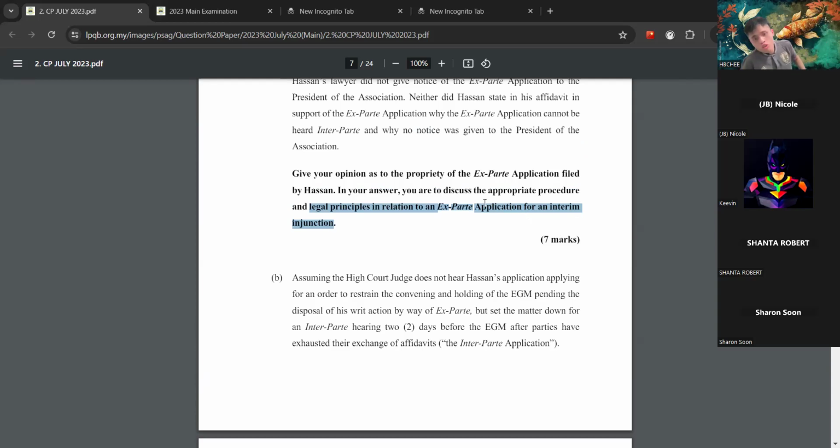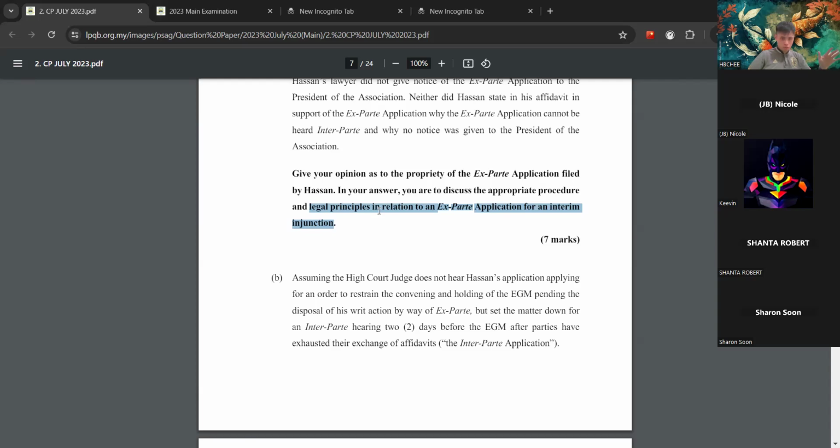Because the question is concerning the procedure and legal principle, what you have to include is what an ex parte application is. Your Order 29 rule 1(2A) has to be included.